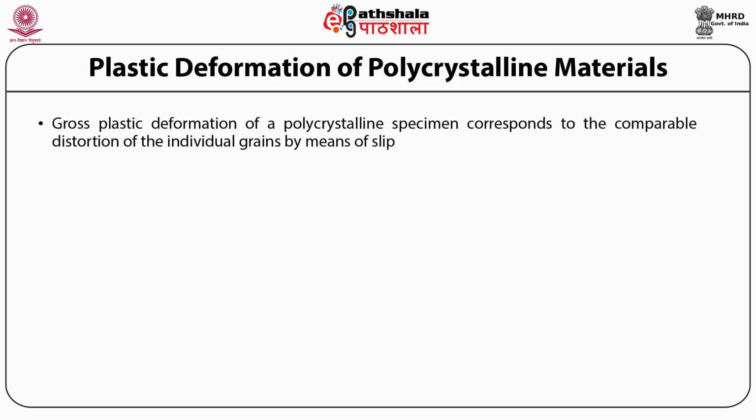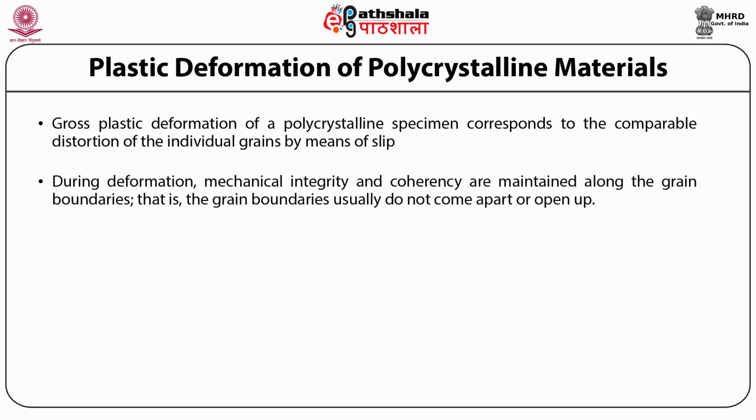Gross plastic deformation of a polycrystalline specimen corresponds to the comparable distortion of the individual grains by means of slip. During deformation, mechanical integrity and coherency are maintained along the grain boundaries.